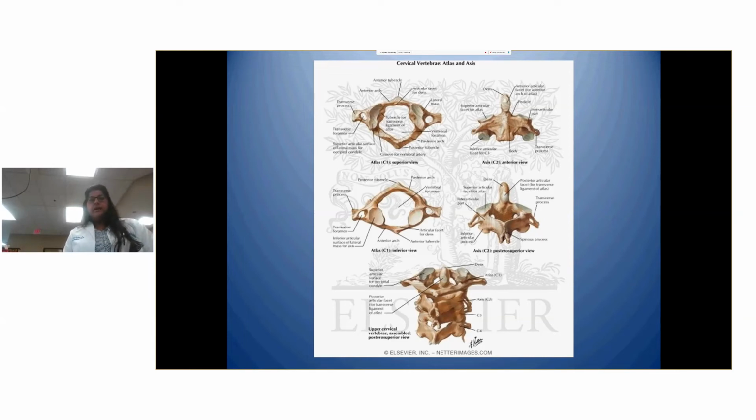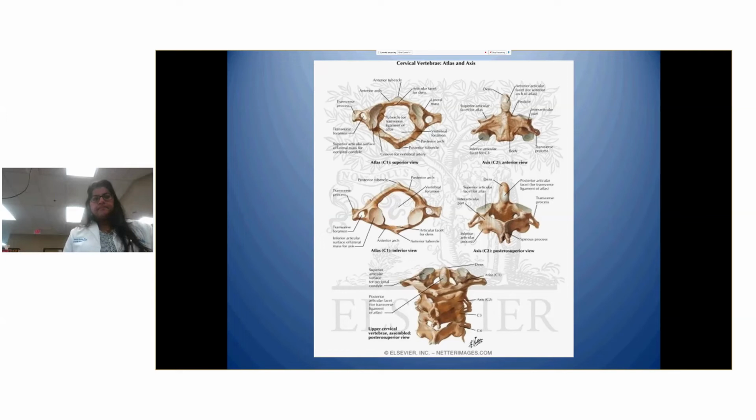And then to your left, you'll see the C1 body, and then to the right is the C2 in different views, superior and anterior and inferior and posterior. You can see the articular surfaces that are joining, those are the facet joints. That's what's implicated, just to review the anatomy, in some of the cases of cervicogenic headache.